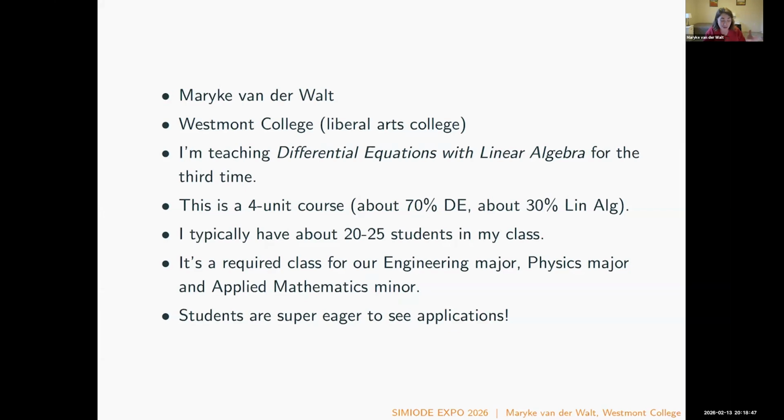This often happens for a class required for engineering majors. I typically have about 20 to 25 students in my class. It's required for the engineering majors, the physics major, and the applied mathematics minors. We don't have an applied mathematics major, but we've got a minor.